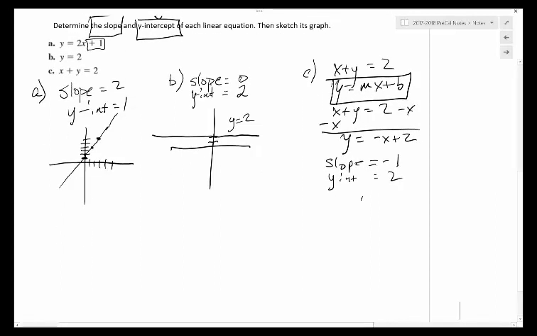Which means, when I go to graph this, I'm going to go to 2, and I'm going to have a straight line that goes down 1 over 1, down 1 over 1. And so what I end up getting is just a straight line that looks like that. Notice how the negative slope flips the graph from going from bottom left to top right. It goes from top left to bottom right.